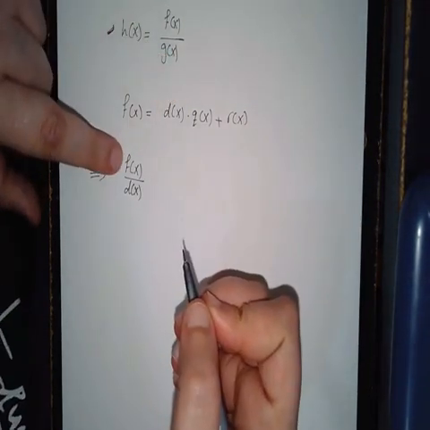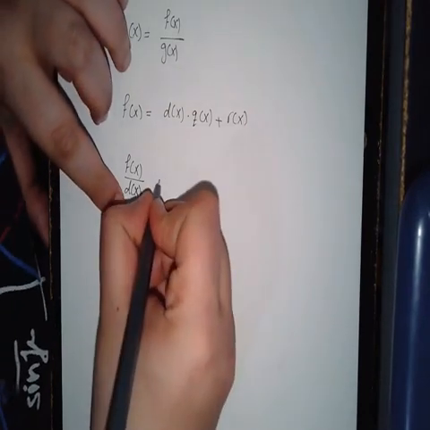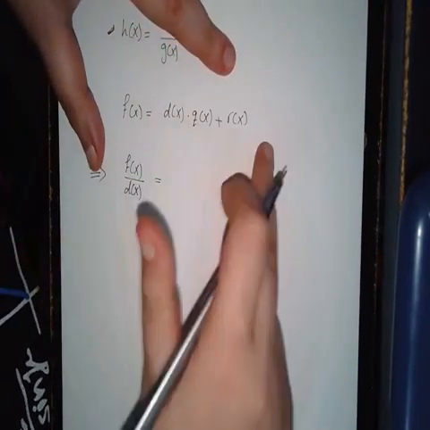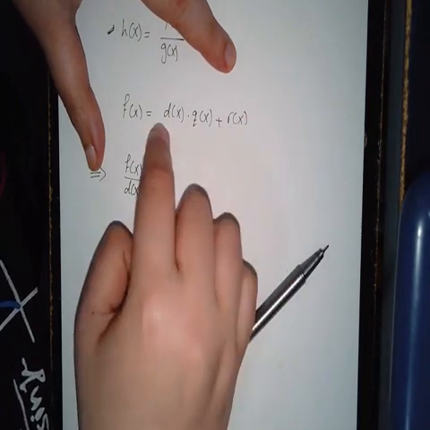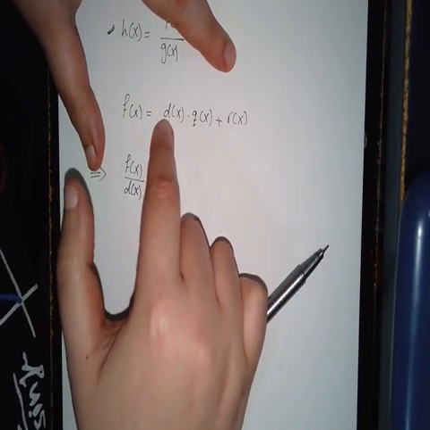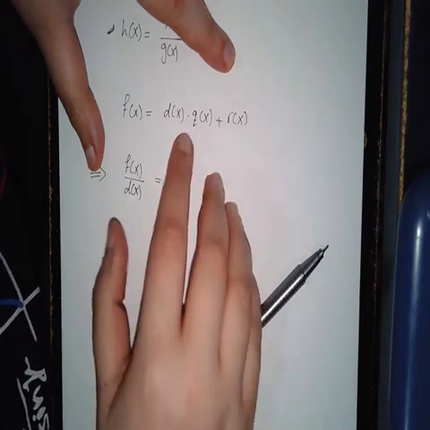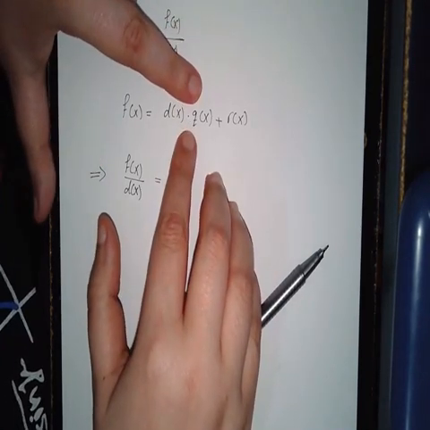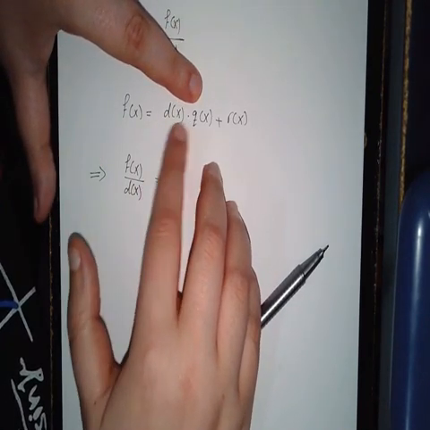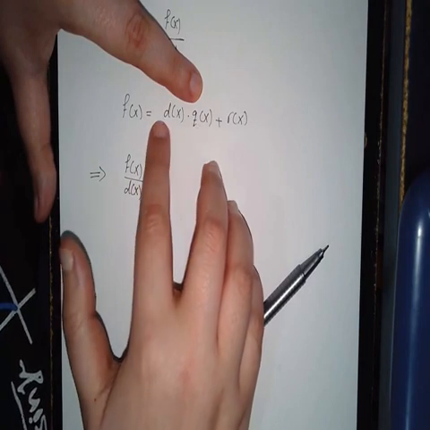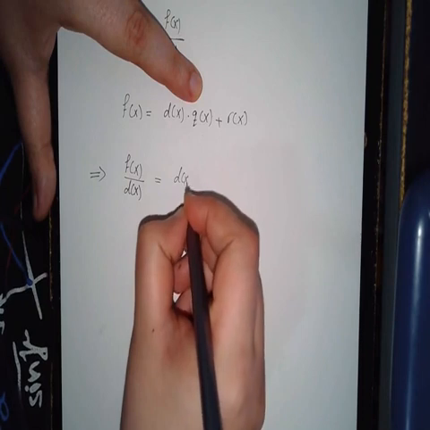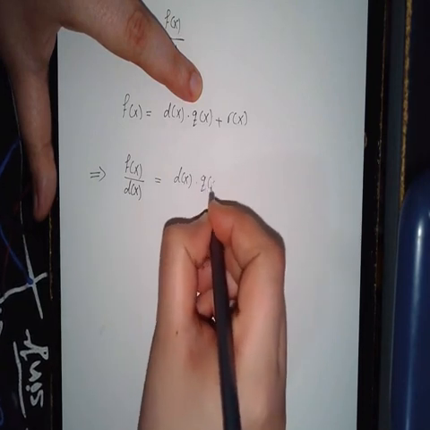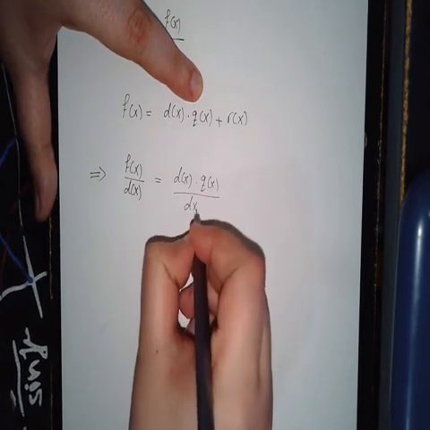So if you divide f of x by d of x, what is that going to equal? What's going to happen here? Again, this whole thing is f of x. That means the whole thing is getting divided by d of x, correct? Okay, so when you grab this portion right here, where you have d of x and q of x, and you divide it by d of x, what's going to happen? You're going to end up with d of x times q of x over d of x, right?